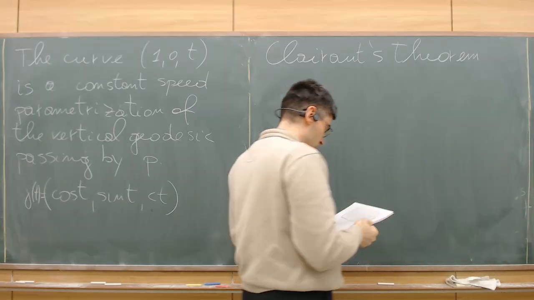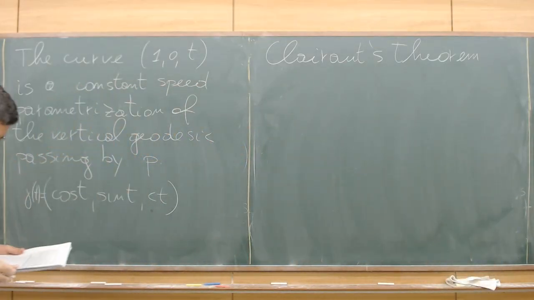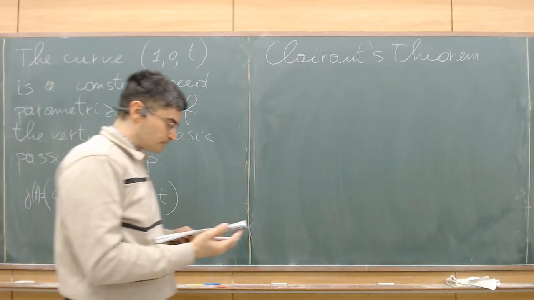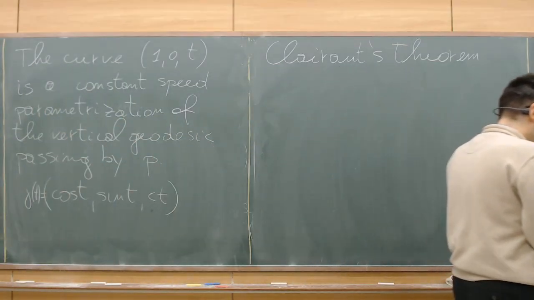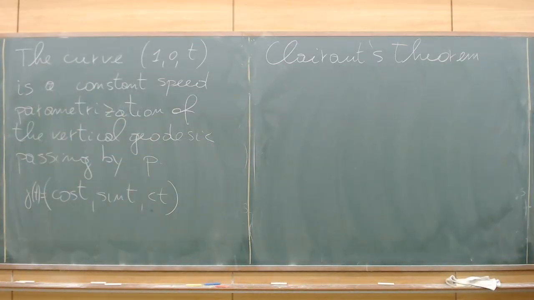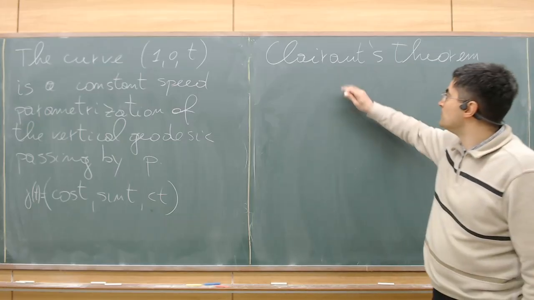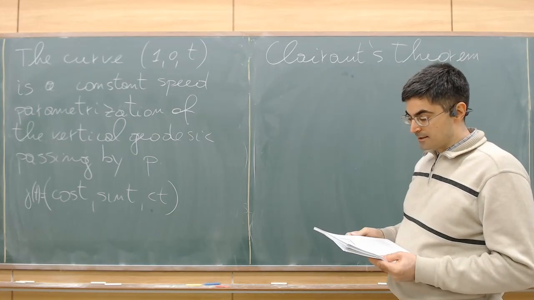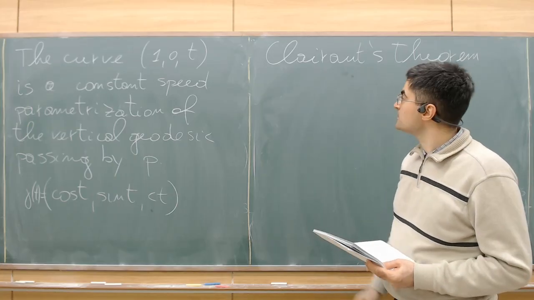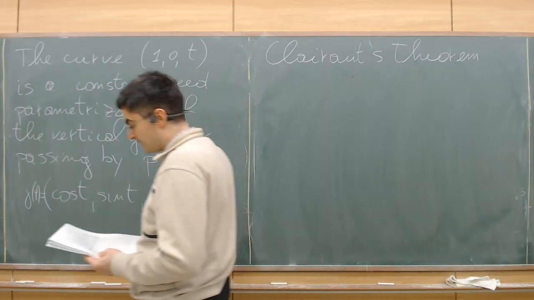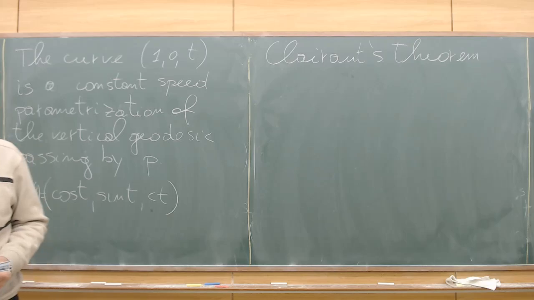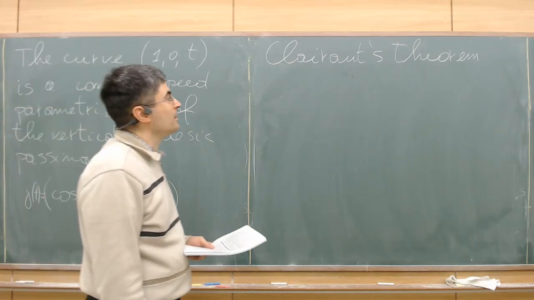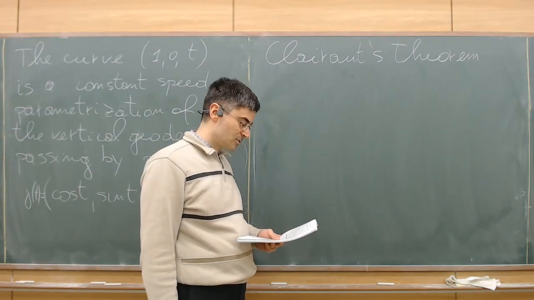I will not present the proof of this theorem. I will just present this result briefly. In general, it's very difficult to describe the geodesics of a surface, but there is a large family of surfaces for which there is a relatively easy description.